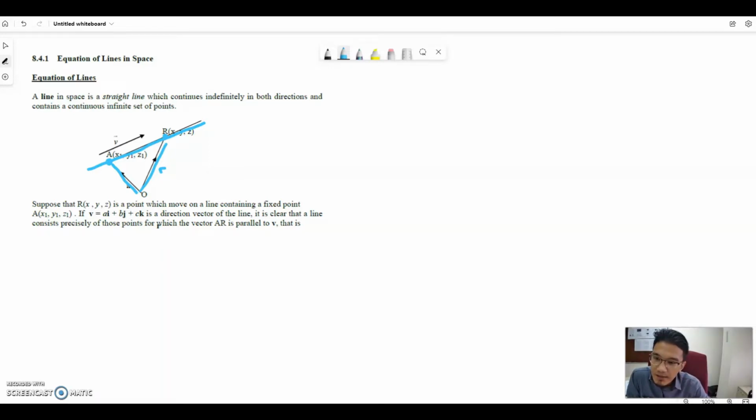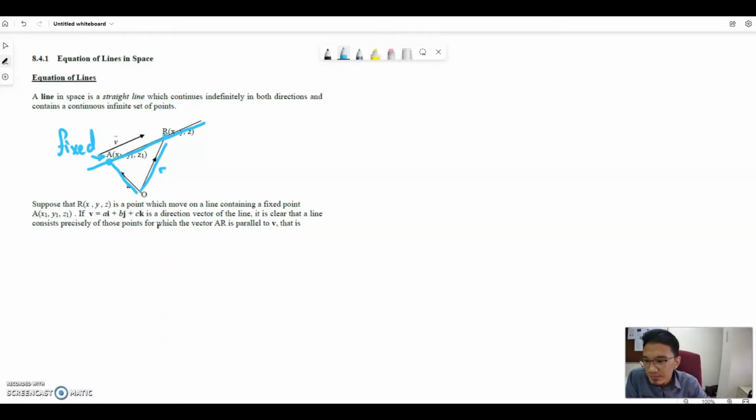So it is represented by x, y and z because the point is movable. It can be any value for the coordinates x, y and z. Meanwhile, A is a fixed point. Remember that A is a fixed point. Later we will have the values for the x, y and z components of the point A.